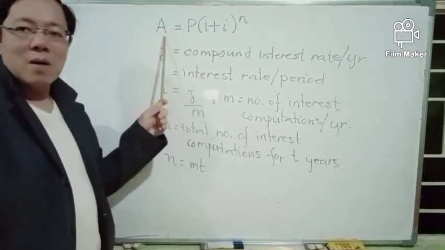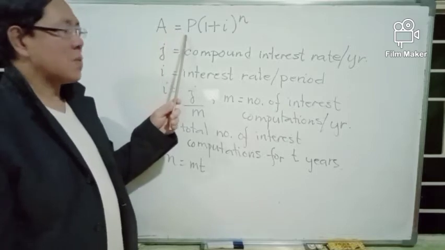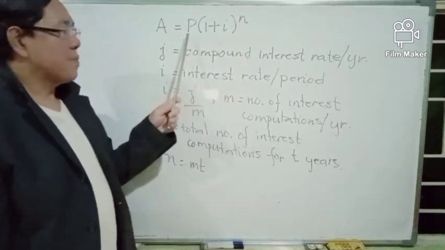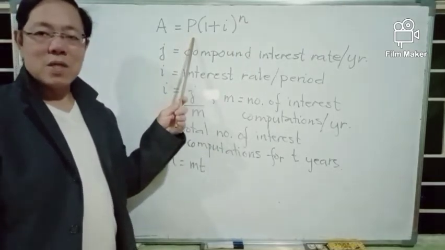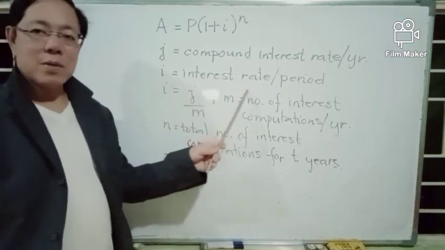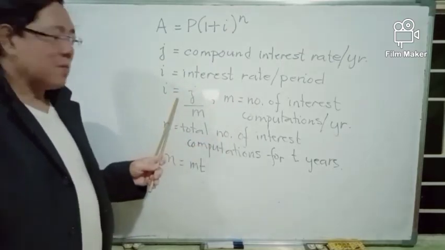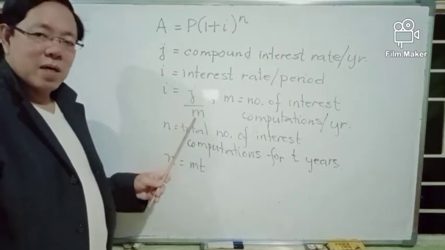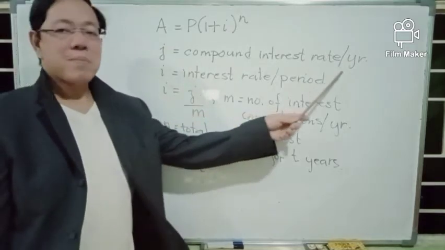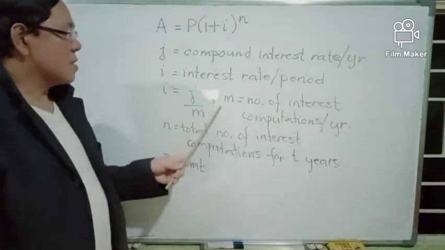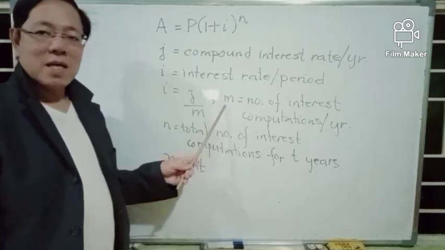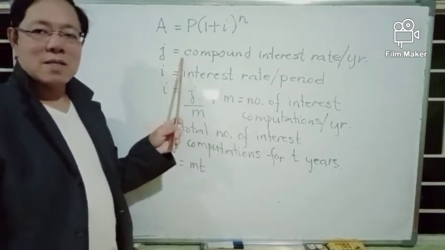Accumulated value, or accumulated amount, is equal to principal times the quantity 1 plus i to the power n, where P is the original amount invested known as principal, i is the interest rate per period, given by the formula i equals j divided by m, where j is the given compound interest rate per year, m is the number of interest computations per year, which will be indicated by the given compound interest rate.